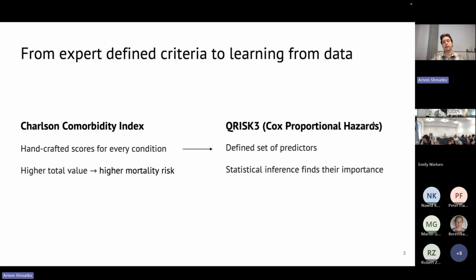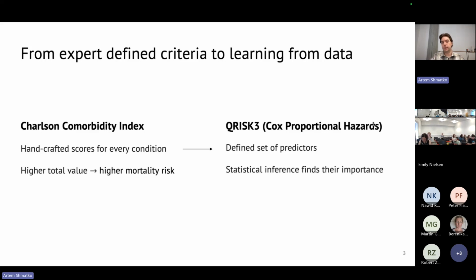And gradually, the statistical frameworks that we had for these were enhanced, and we got more data. And gradually, it evolved to more sophisticated clinical score systems that are used now as well. For example, the QRisk model that is used in the UK for estimating the stroke chance, which inside is just a Cox proportional hazards model, a statistical model.